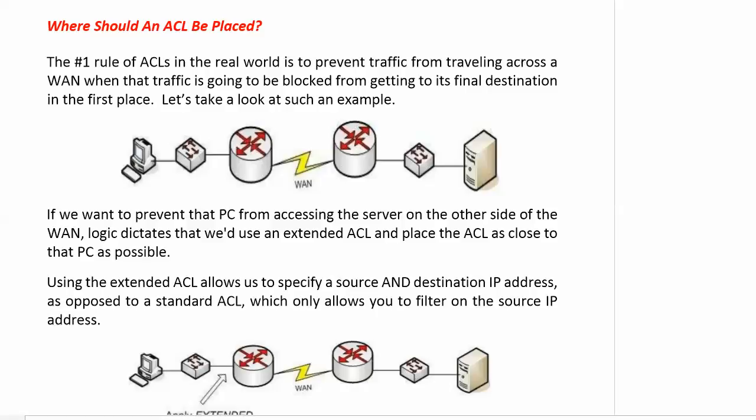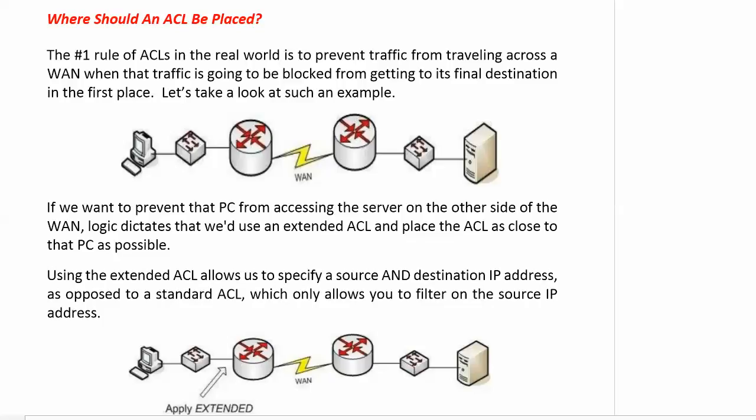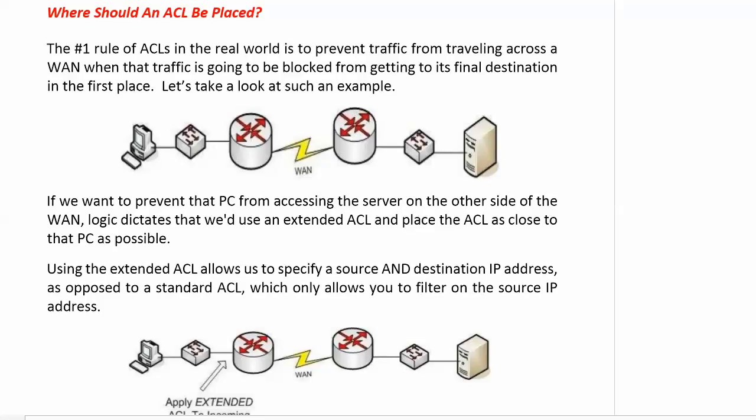The number one rule of ACLs in the real world is to prevent traffic from traveling across a WAN when that traffic is going to be blocked from getting to its final destination in the first place. You really want to terminate traffic as early as you can. Even if this was not a WAN. Let's say the traffic was going to go through 2 routers or 3 routers on a broadcast network.